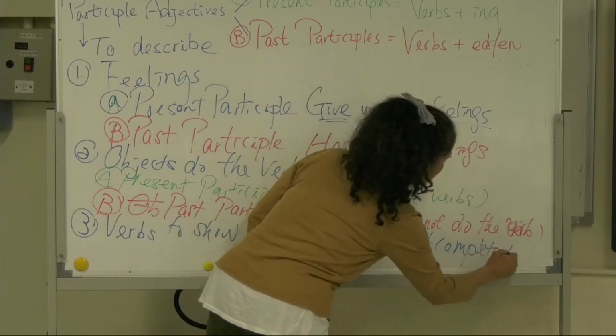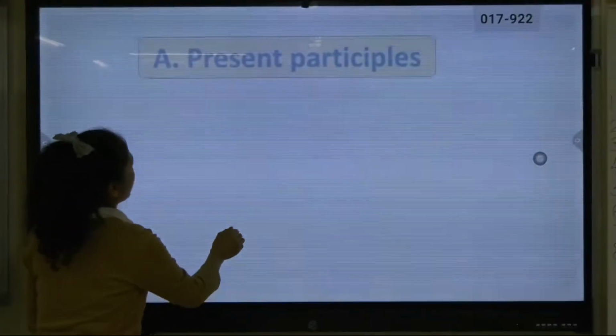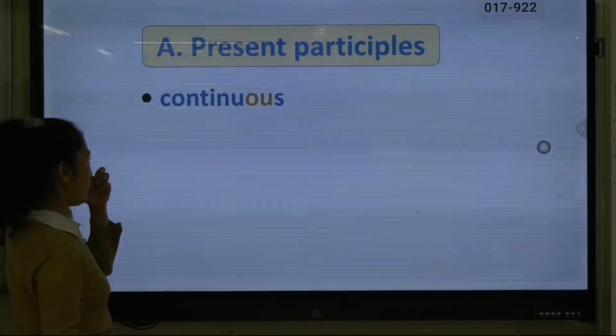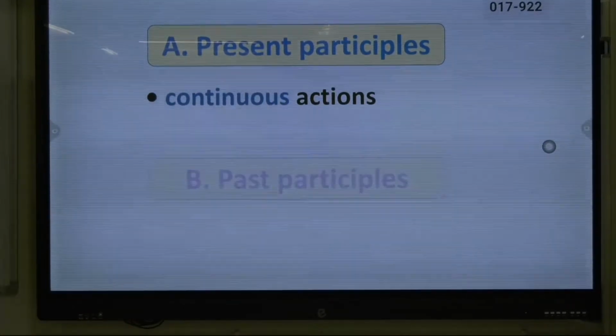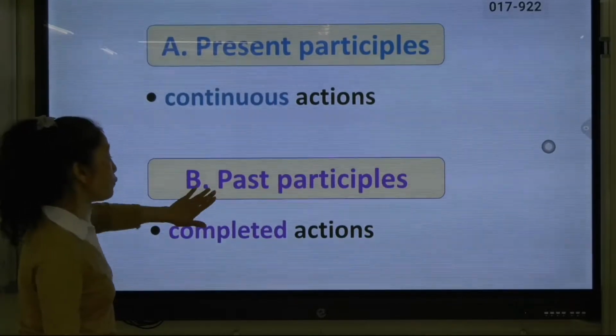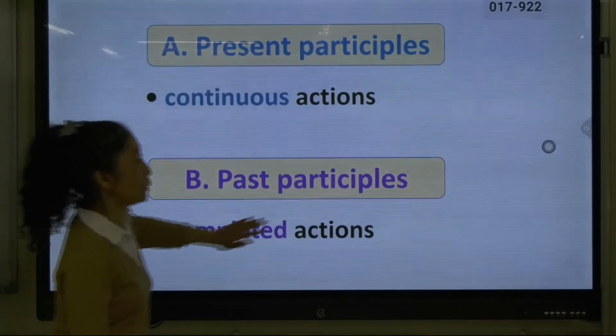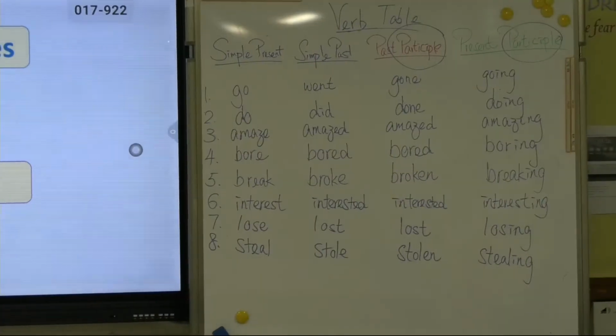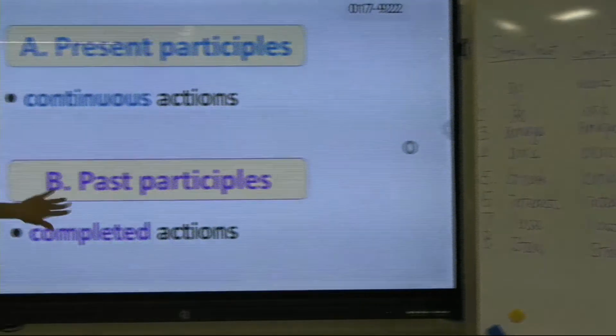So what does it mean? Okay, let's look at the example. Okay, now if we use present participle, that means ing, the action continues. If we use past participle, the red column here, that means the action completed, done, finished.